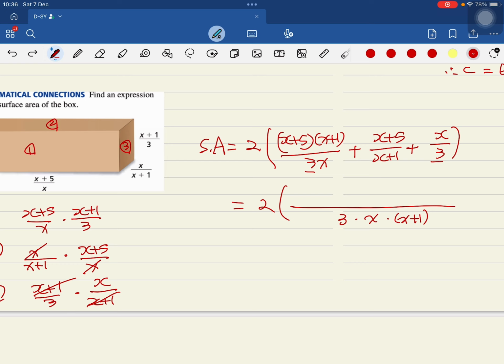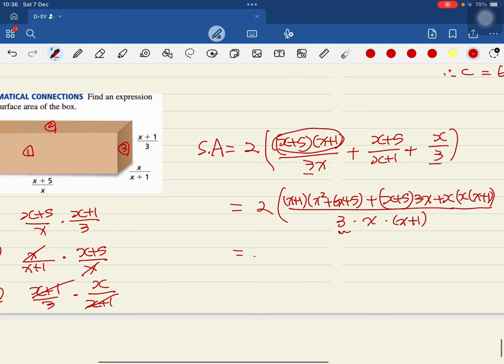So in this case, here x squared plus 6x plus 5, but we have another one, x plus 1, plus x plus 5. We have 3x plus x, because we had only 3, so x plus 1, like this.